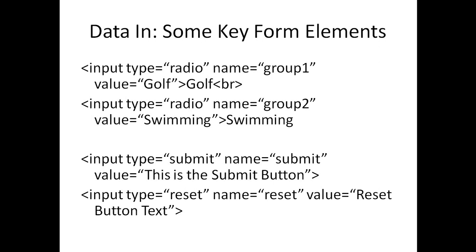So name equals sport, and then you have golf as an option, and then name equals sport, and you have swimming as an option. That is so that you only can choose one of the actual radio elements. If you want to have multiple items selected, you should use checkboxes, okay? So in this example, we have two different sets of radio buttons of one radio button element each.